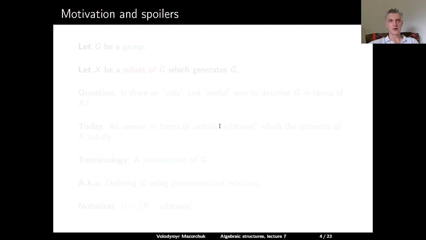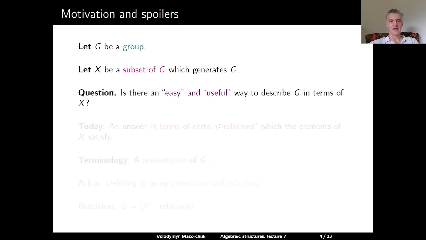Now let's talk a little bit about motivation. Let G be a group, and let X be a subset of G which generates G. Question: is there an easy and useful way to describe the whole group G in terms of this generating system X? Today we will give some version of an answer in terms of certain relations which the elements of X should satisfy.